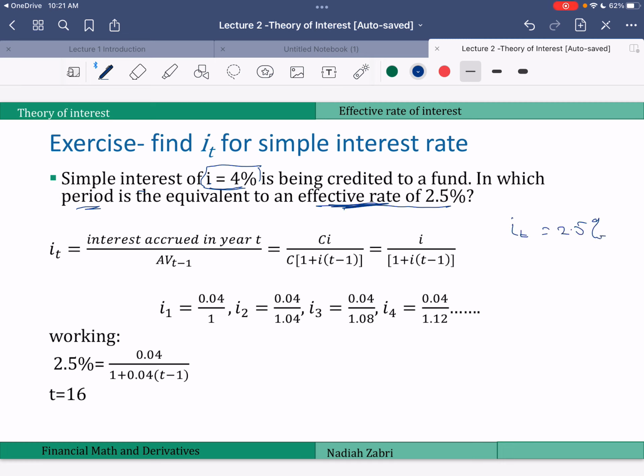First, you need to determine the equation for the IT for simple interest.